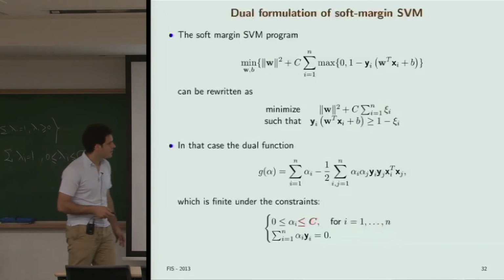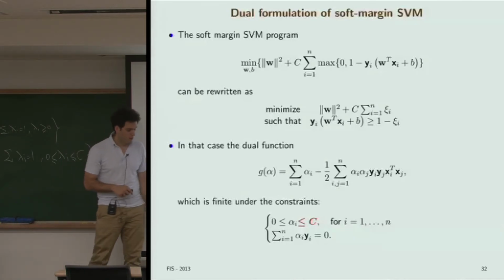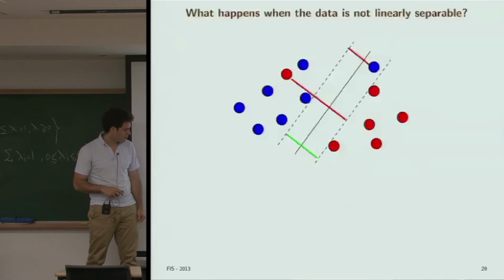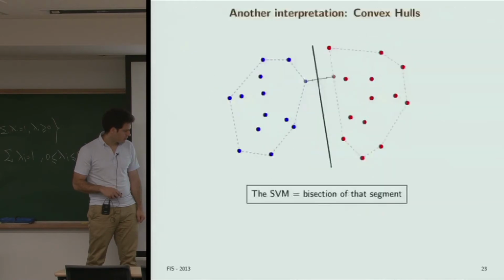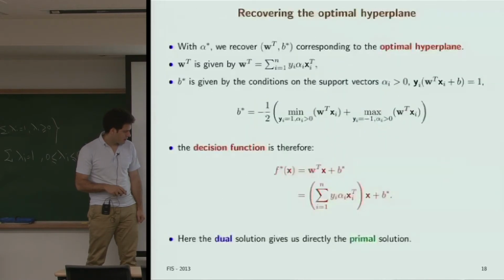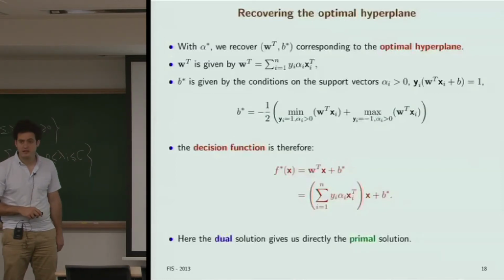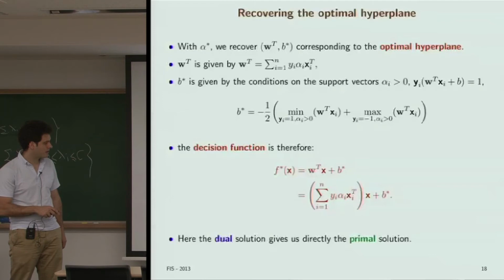Once you have defined this, once you have your alpha, your function is just w transpose x, which is the sum of yi alpha i xi transpose x.